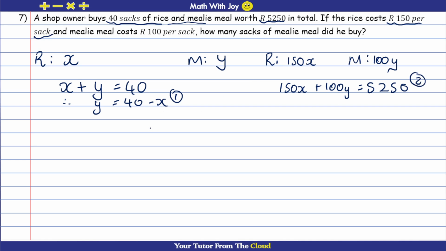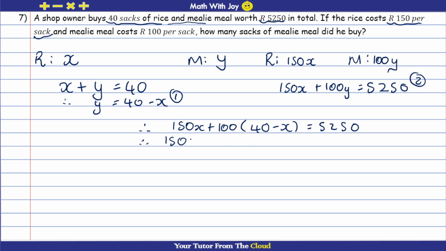Let's solve these simultaneously. I will skip a few more steps here. I will say 150X plus 100, and then I substitute the 40 minus X, equals 5250. So let's just skip a few steps there.